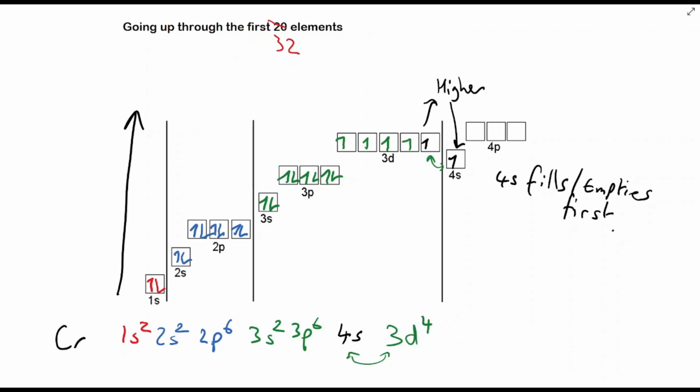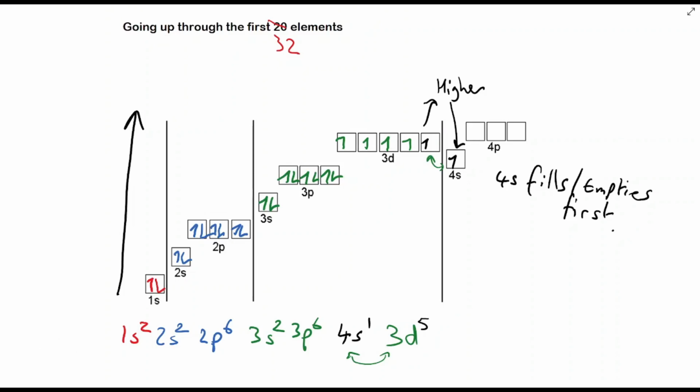It is not 4s2, it is 4s1, it is not 3d4, it is 3d5. It is a special case. It's one of two that we're going to come across. So chromium is 4s1, 3d5. Now when we add our next electron, we're not going to be chromium anymore.